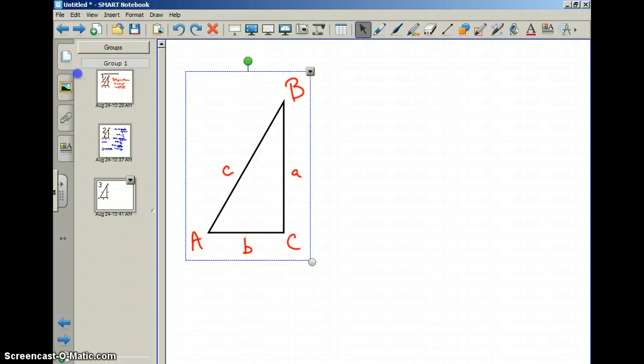So here's our triangle again, and let's imagine now angle A is the angle we're trying to find, and we know that the length of side a is equal to maybe 8.